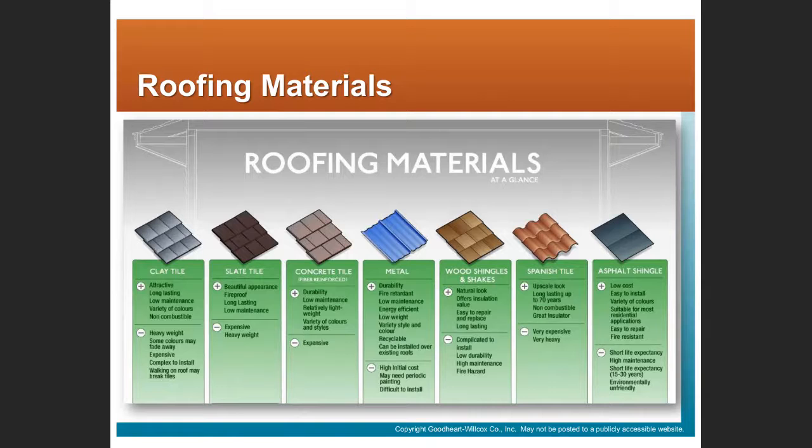Here are different examples of roofing materials that might be used. Asphalt shingles are going to be the most common roofing that we're going to see in residential construction where it's not a flat roof. We may also see a standing seam metal roof. Some other things probably less common, slate or tile.